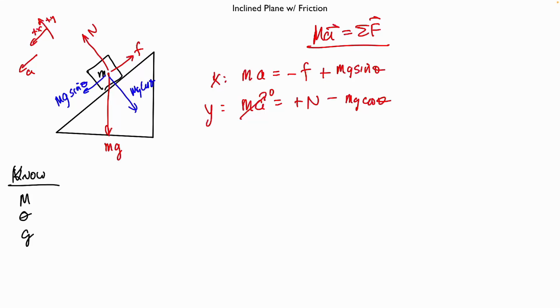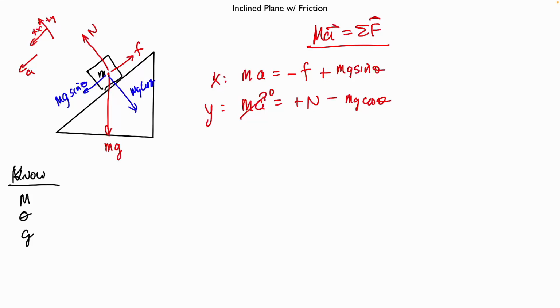So acceleration is an unknown. What have I got here? 1, 2, because I don't know F, right? And then 3 for the normal force. There are 3 unknowns and 2 equations. Is this solvable? No.